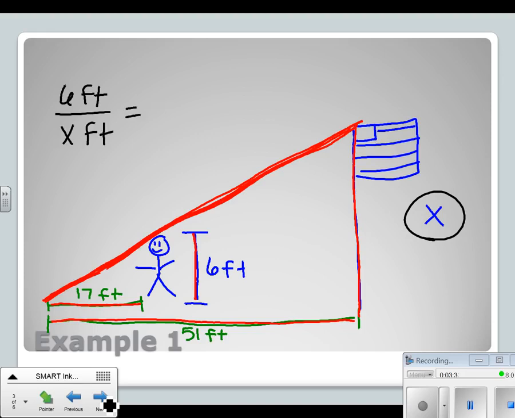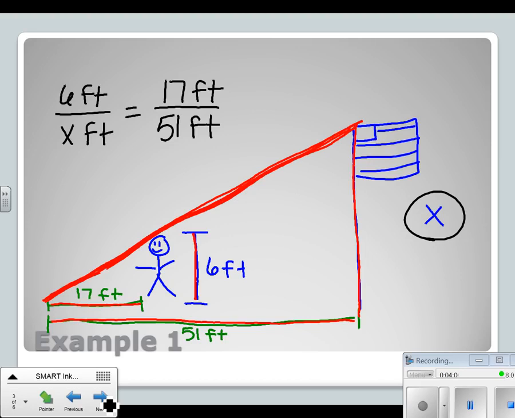The shadow of the person, 17 feet, is to the shadow of the flag, 51 feet. You can see in my proportion I went person to flag, person to flag, or I'm sorry, little to big, little to big.